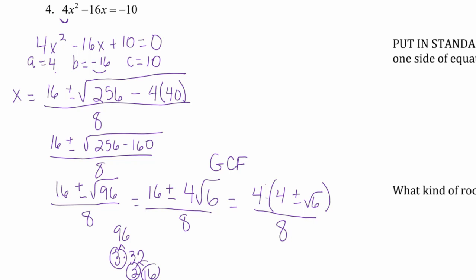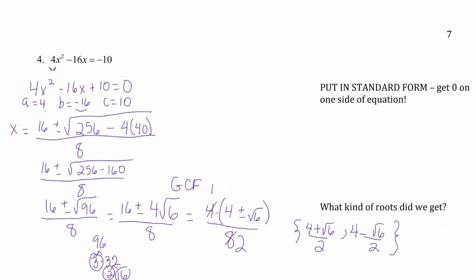And then we're going to reduce the 4. Goes into itself once and into the 8 twice. So we get these two roots, 4 plus square root of 6 over 2, 4 minus square root of 6 over 2, which are, what kind of roots? They're irrational roots, right?